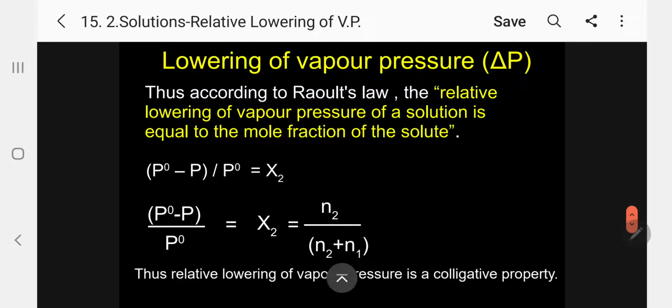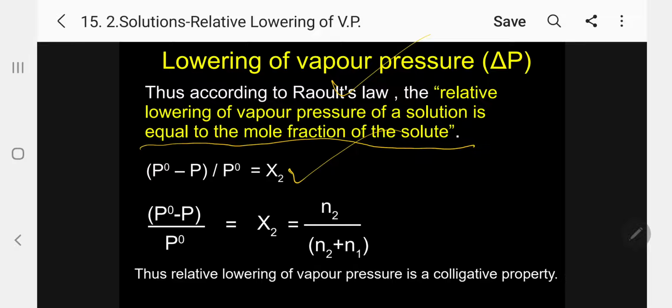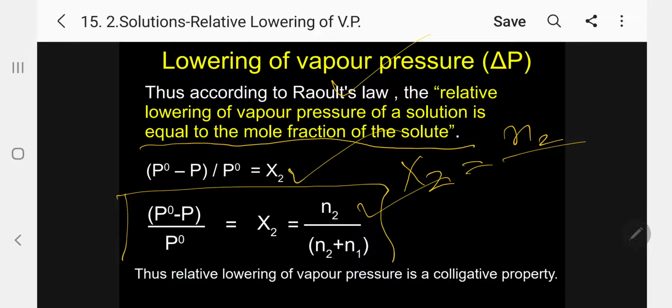Now, thus according to Raoult's law, the relative lowering of vapor pressure of solution is equal to the mole fraction of solute. Just now we have proved. So I know from the definition mole fraction x2 equals n2 by n1 plus n2. Kindly follow. Now this is the most important equation.